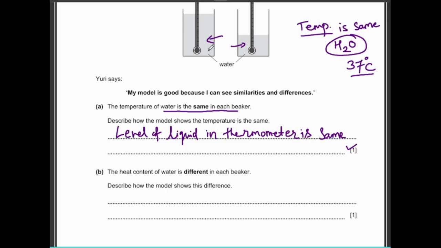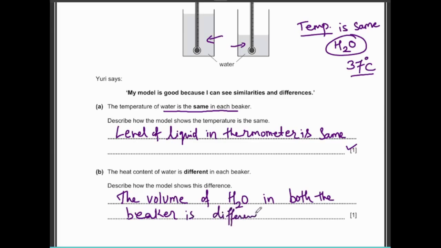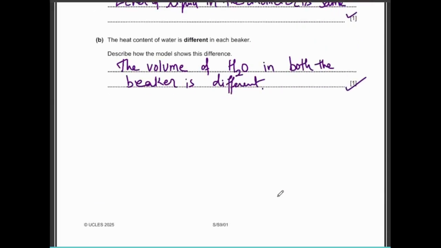So we can mention the volume of water in both the beakers is different, and done. So we are done with all our 15 questions.